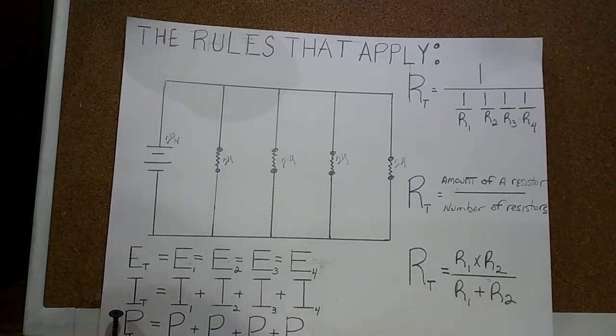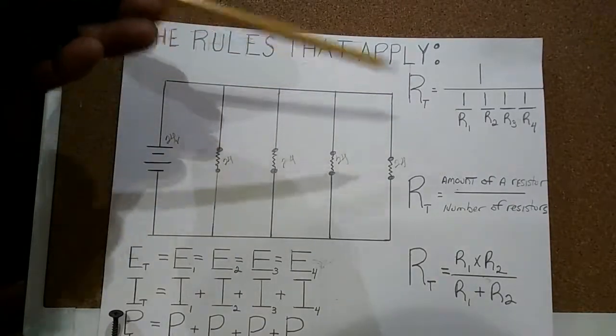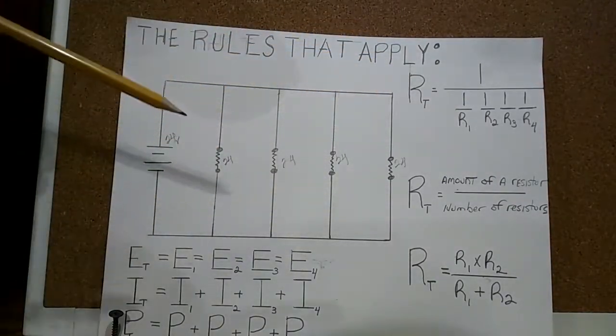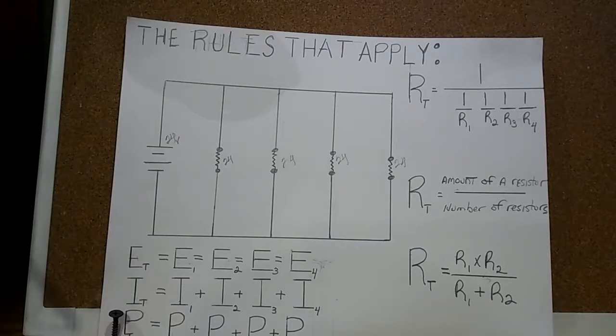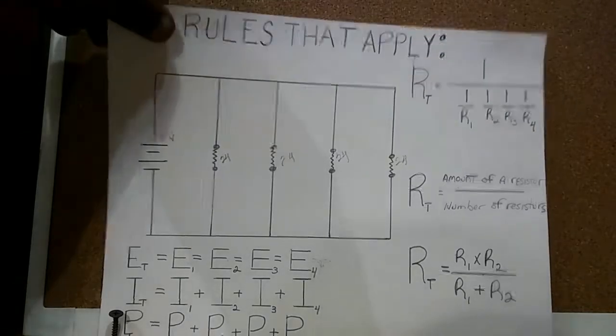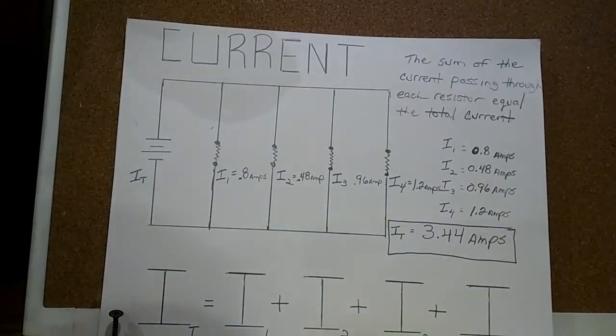Now, the resistance is pretty tricky. The rule for the resistance is the total resistance is smaller than any other resistance, smaller than the smallest resistance. There are three formulas used to find the resistance, and we'll go through those later in the video. So one more time, let's go through the current.